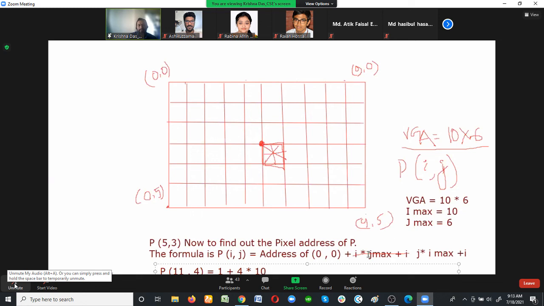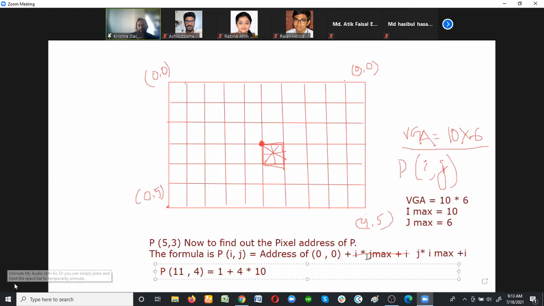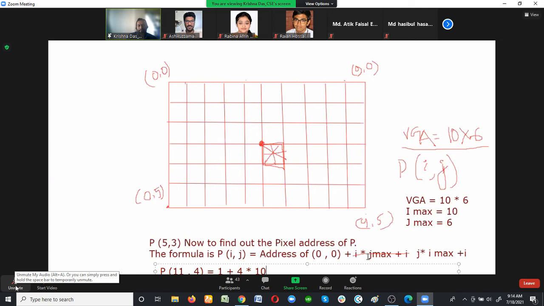And then we add I, which is 11. Okay, now we got 4 into 10 is 40, then plus 11 is 51 and 52.